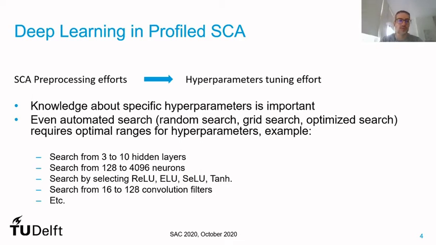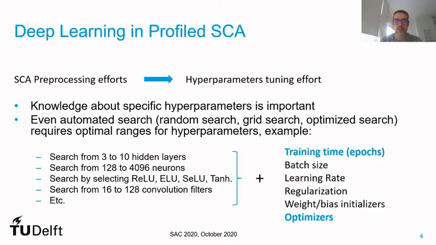This means that you need to decide how many layers you want to search, how many neurons per layer, what the activation functions are, or also in convolution layers, how many filters you are using, and so on.